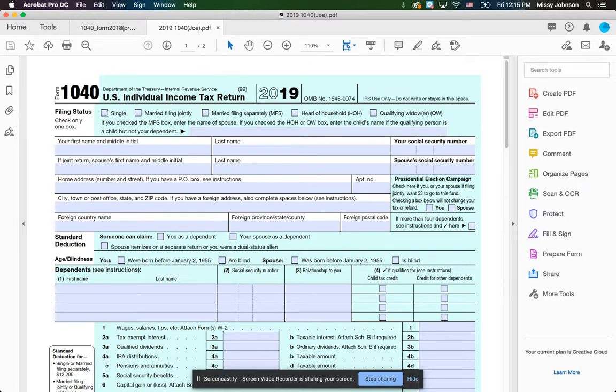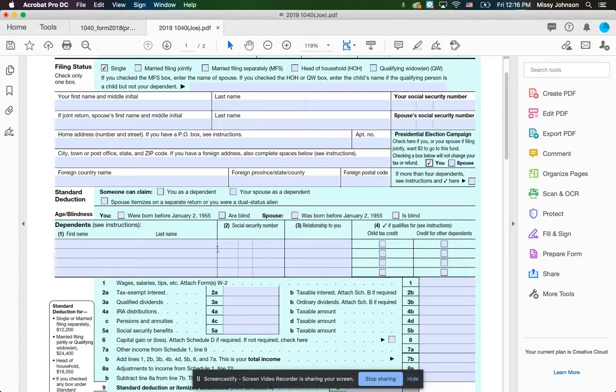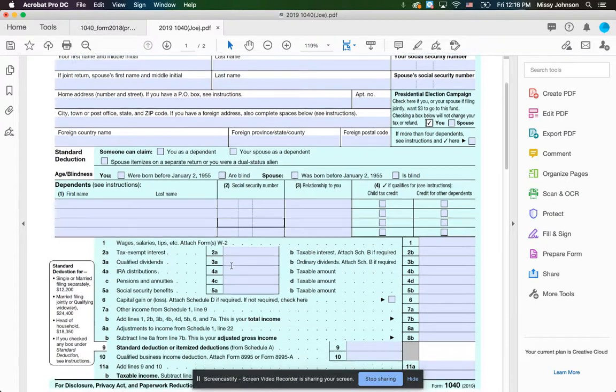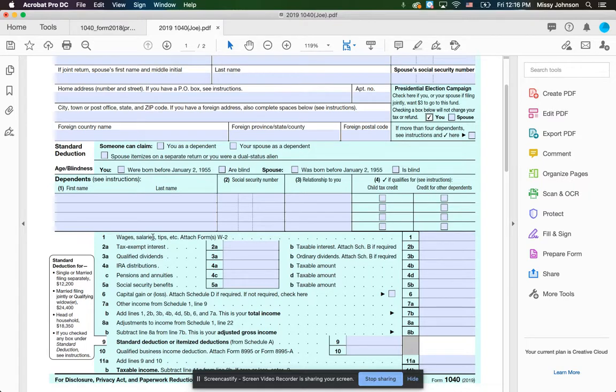So we would mark single. We'd fill in the information, and it also states that he wants to contribute to the presidential election. The rest of the information we don't have to worry about. I'm not going to make you put in the address. His name's in there, we're good to go. He has no children. So you're just starting down in number 1.